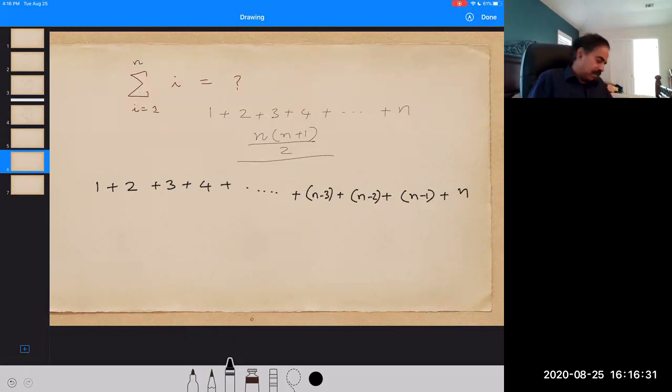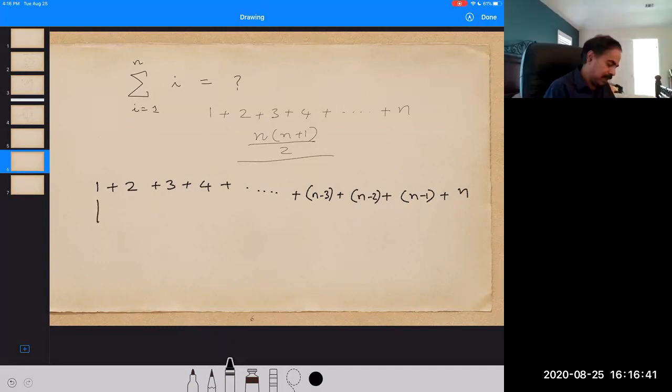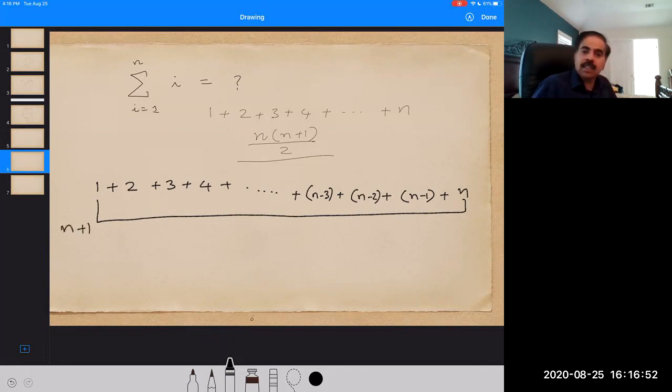Did I get that right? Right, 1 to n. So we can pair these, the first and the last element, right? So the pair will yield the sum n plus 1, right?